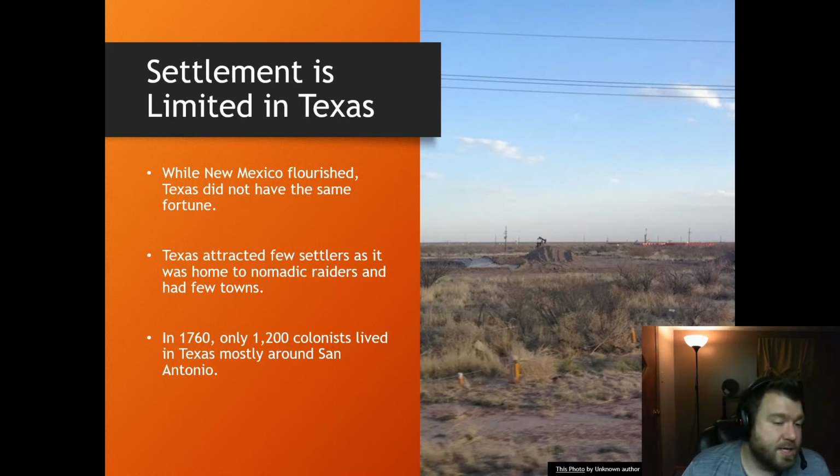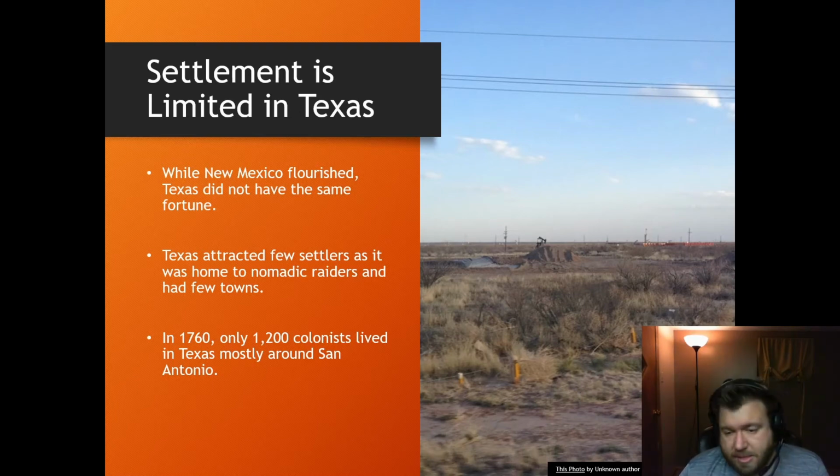But back at this time, these nomadic raiders, this was like their prime territory. There were lots of buffalo there, so it's ideal for the nomads to be there. And if you got these nomadic tribes that are going to roll through and wipe out your whole colony, is that somewhere you would really want to set up a farm? I don't think so.